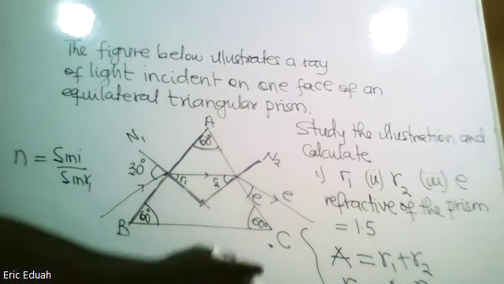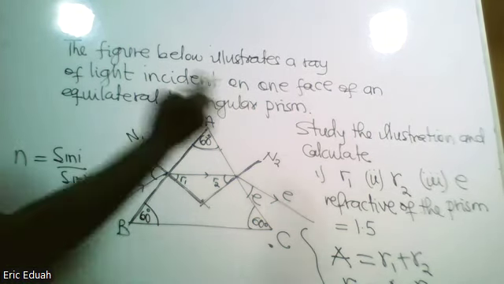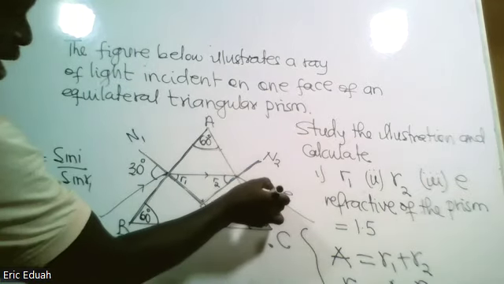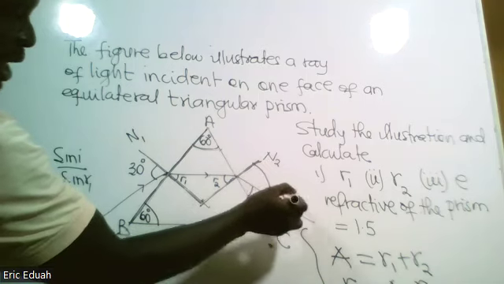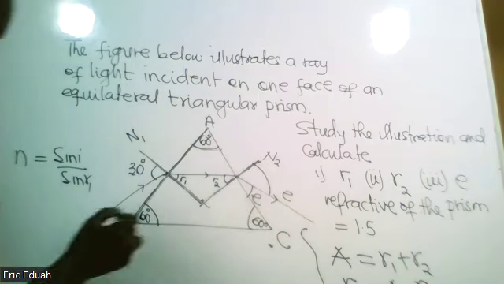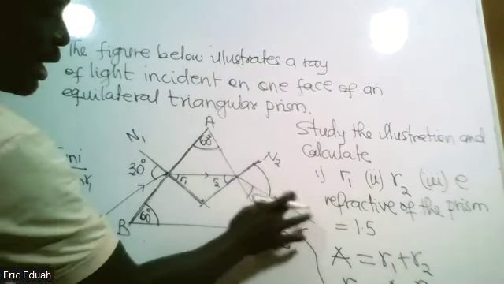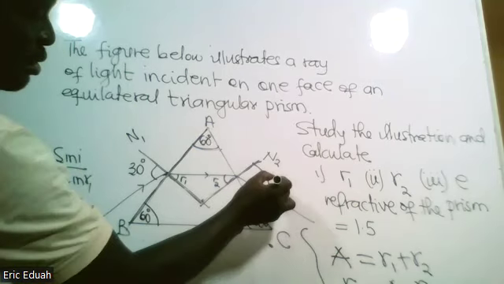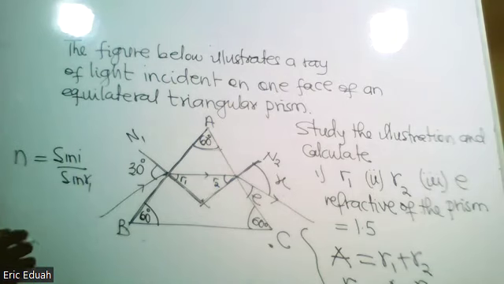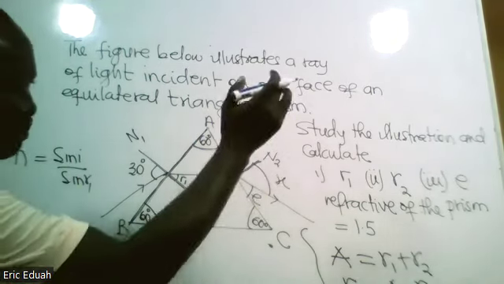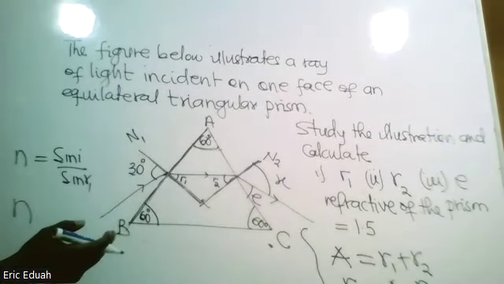If I reverse the path from right to left, then this angle becomes the angle of incidence. So, assuming this is X, then I can say that the same refractive index, because I'm still moving from air to glass.